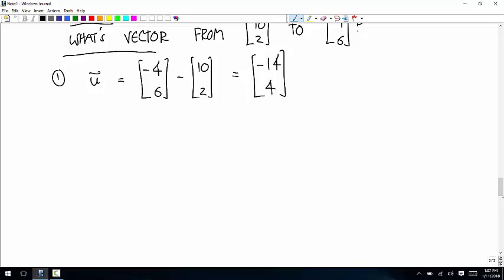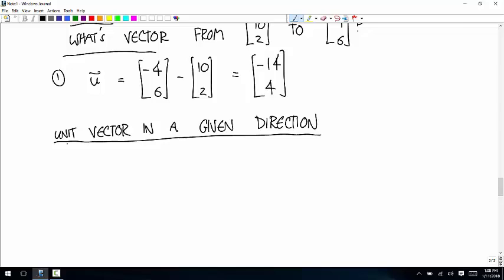Another thing that's going to be really important to us is calculating a unit vector in a given direction. The reason that this is going to be important is because a vector has two properties: magnitude and direction.